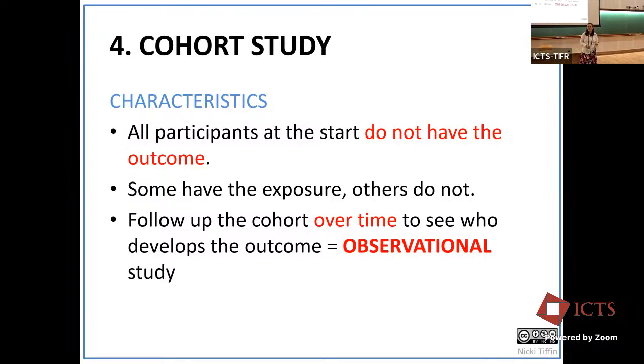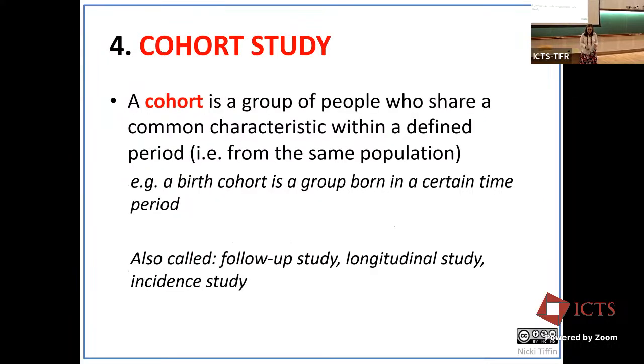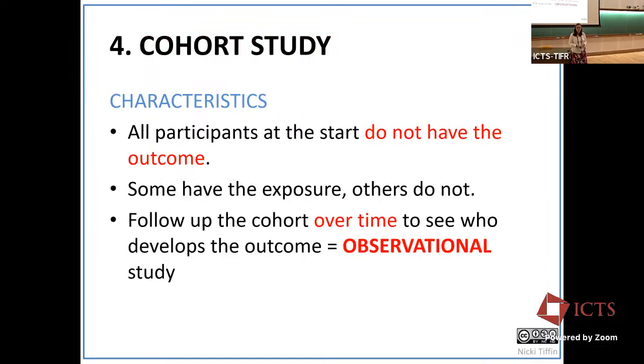But some will have the exposures naturally over time and others won't. And then you follow up the cohort over time to see who will develop the outcome. So it's also an observational study in that you're observing and recording what happens naturally, but you're following up over time. And as it says here, it's also called a follow-up study, a longitudinal study, an incident study. There are lots of different names for following up over time a population that you're observing.